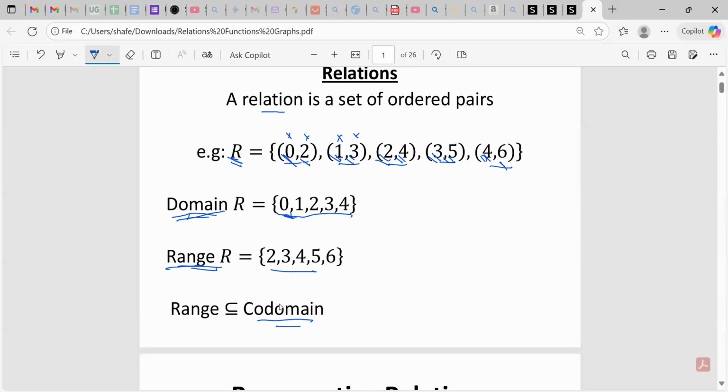You'll understand that if you do some higher mathematics. But for now, you just keep those terms in mind. The domain is really the input. It's the first number of each pair, and the collection of all of them makes up the domain. The range is the output, or the second number in each pair. And as we're saying now, the codomain is like a big set that contains the entire range of this relation.